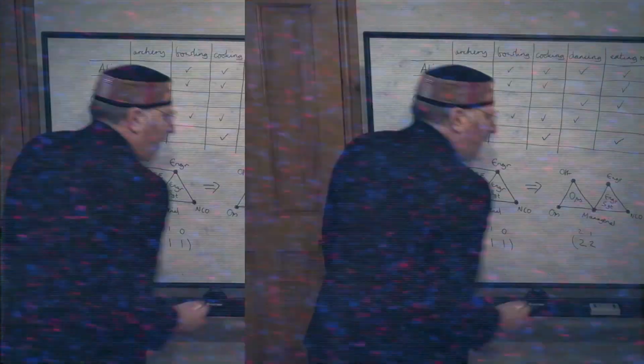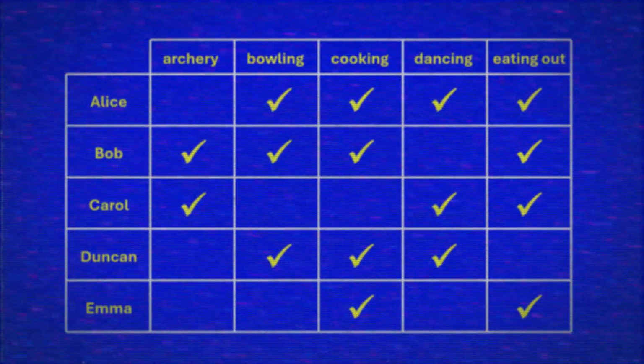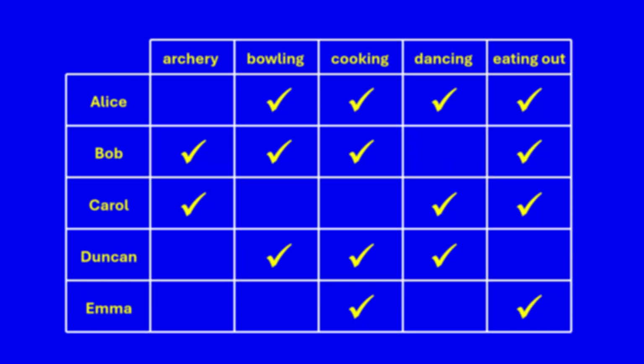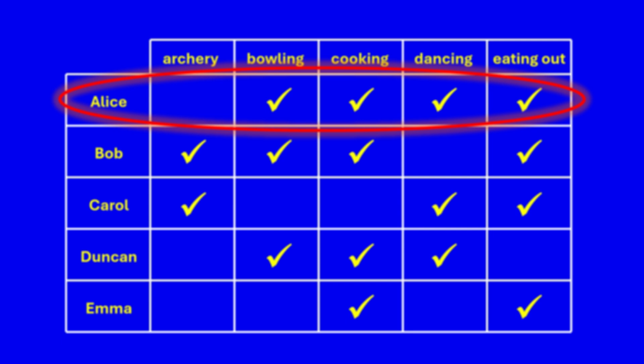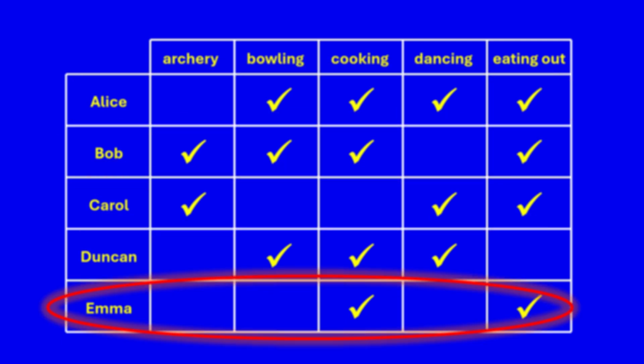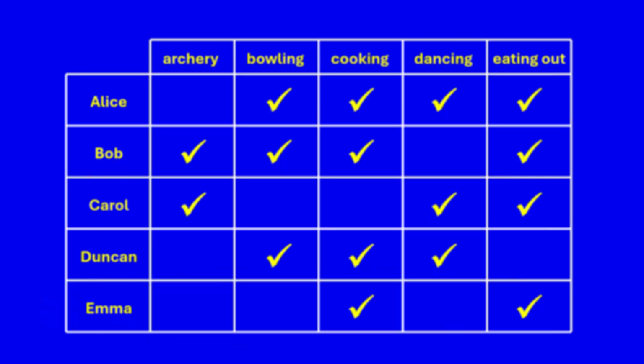the structure vector. Now, the last idea to mention is that of the conjugate complex. So in our original simplicial complex, we regarded the people, Alice, Bob, Carol, etc., as the simplices, and the interests, archery, bowling, cooking, etc., as the vertices.